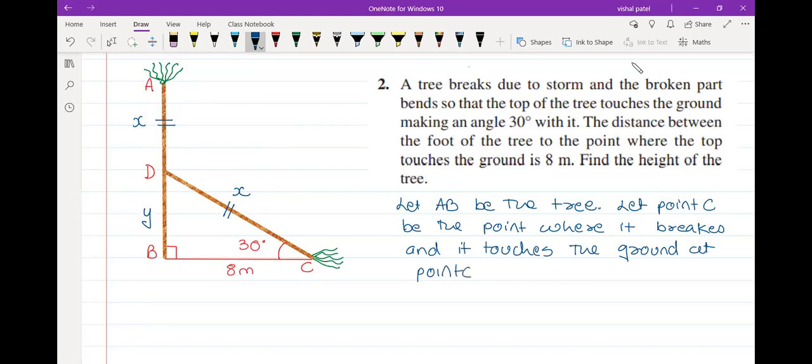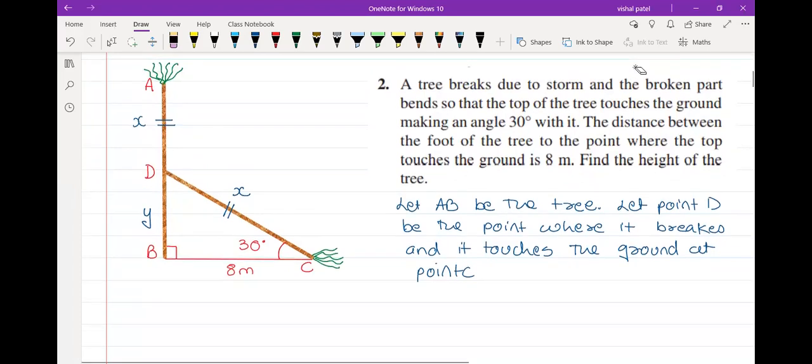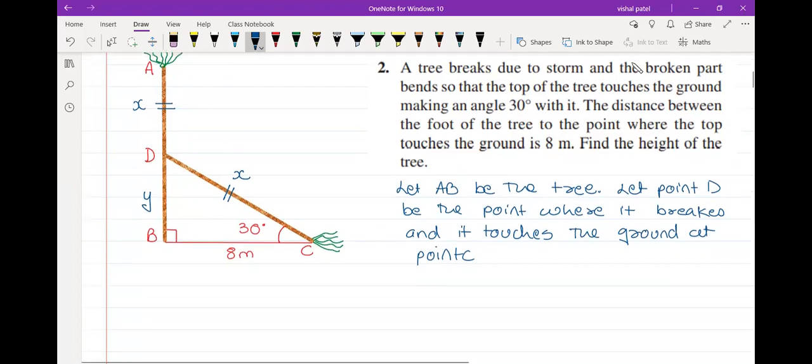It touches at point C. It breaks at point D. Students, I just made the change here where I'm putting a star. Okay, yes. Let point D be the point where it breaks and it touches the ground at point C. Okay, so now we have the diagram and the question is we have to find the total height of the tree. Okay, I'll just take the screen down, students.